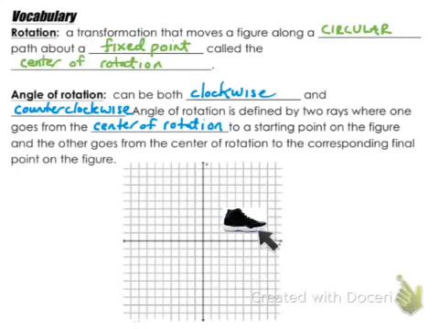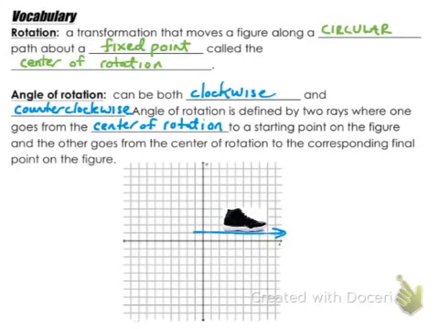So if I have our center of rotation at the origin, and I want to rotate this shoe counterclockwise about 90 degrees, we first start with, let's say, our ray right there. As we rotate the image, it's going to be very difficult for me to show this on the screen, so I'm going to try my best.